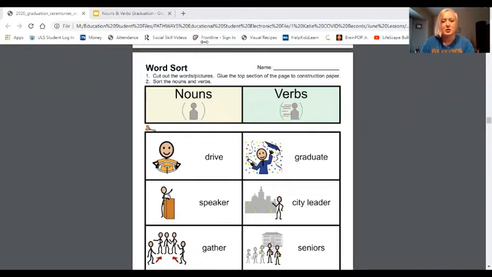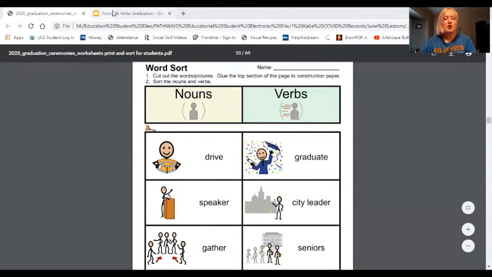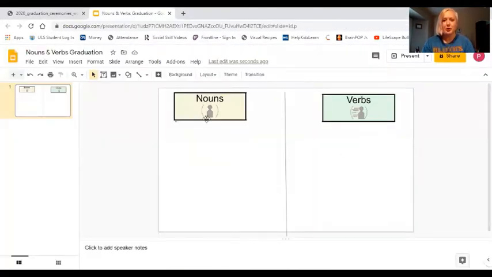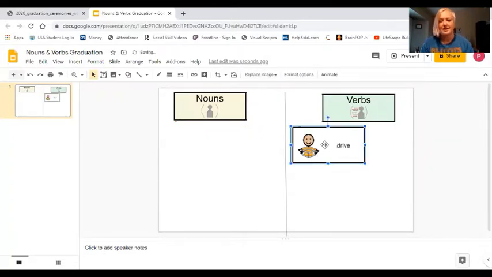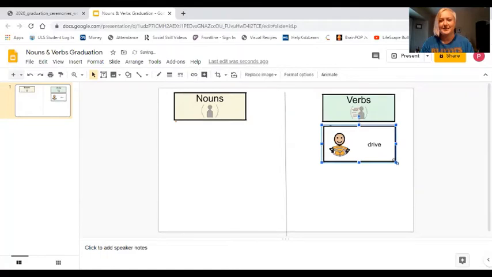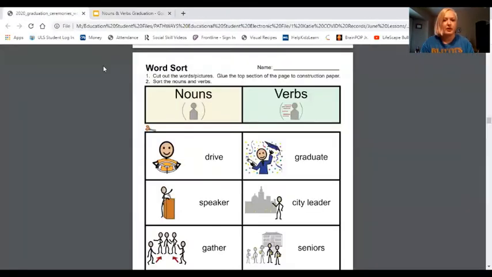We already talked about drive. Remember, driving shows action. And which one of these shows action? That's right, over here. Drive. I'm going to make that a little bit smaller to make sure we have room for everything.